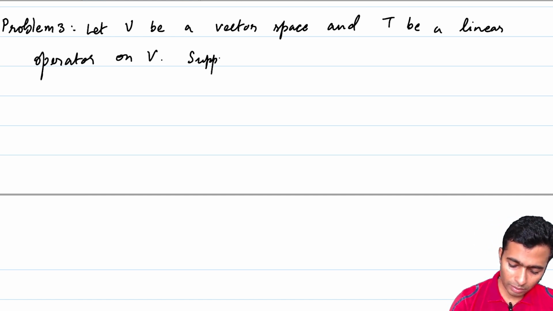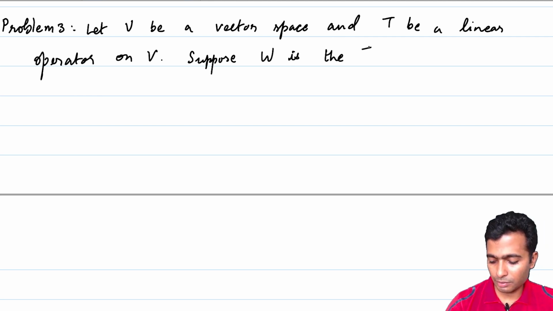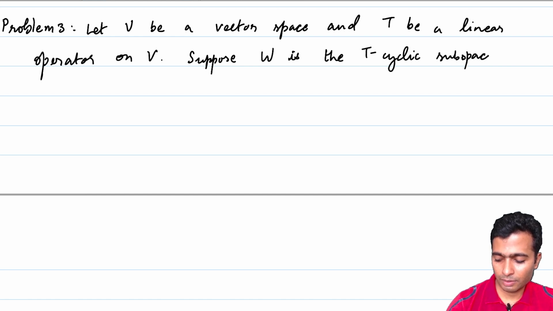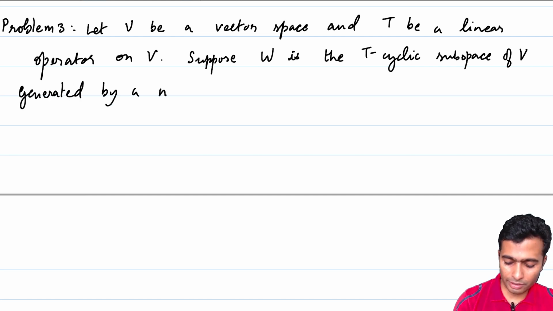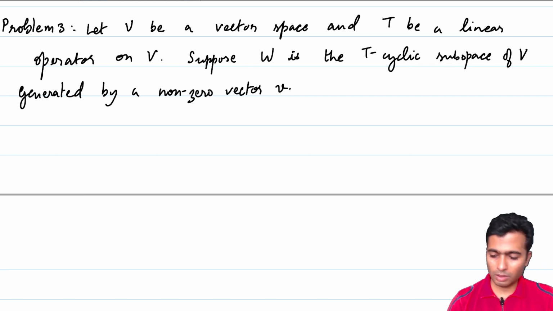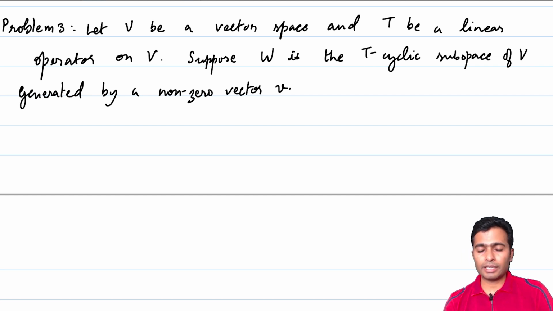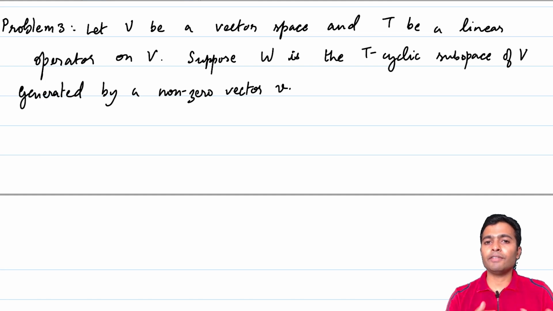Suppose W is the T cyclic subspace of V generated by a non-zero vector v. Then prove that for every w in capital W, there exists a polynomial g such that g of T applied to v is equal to w.